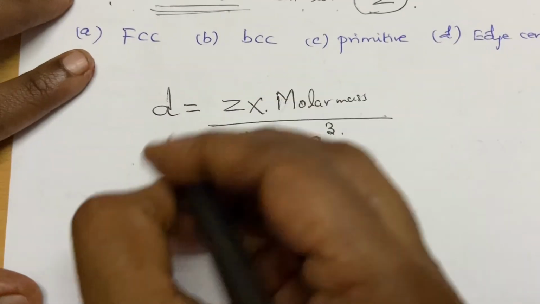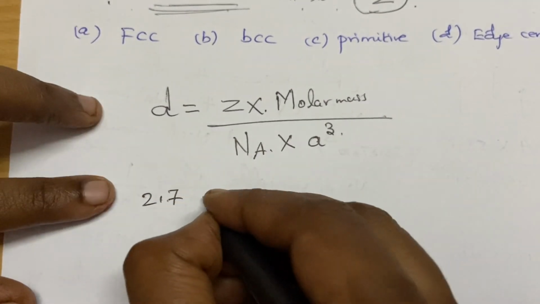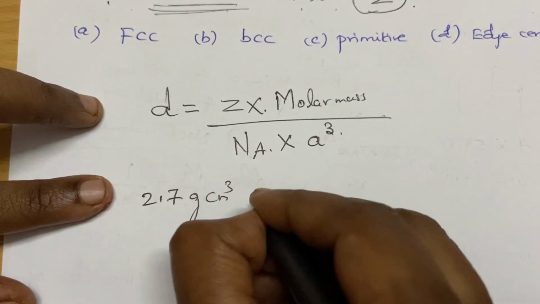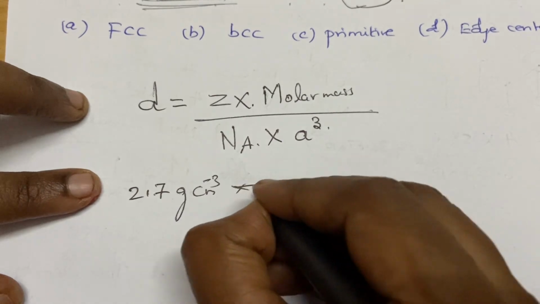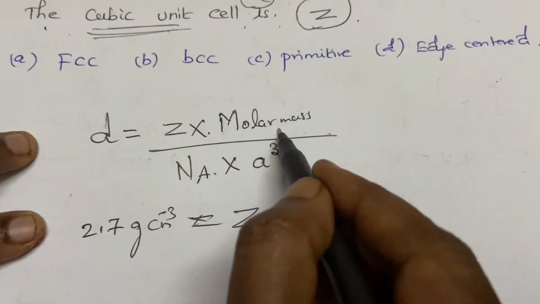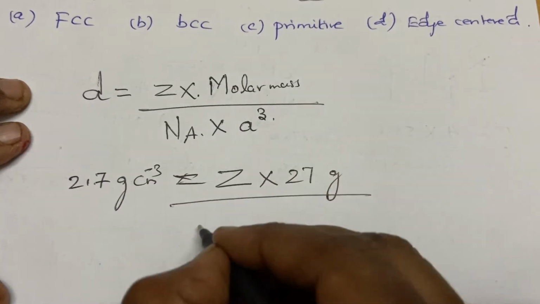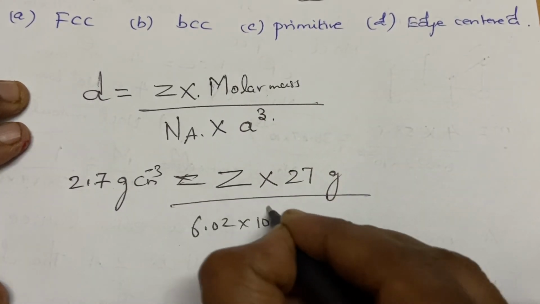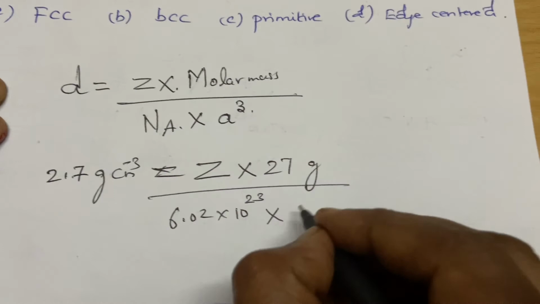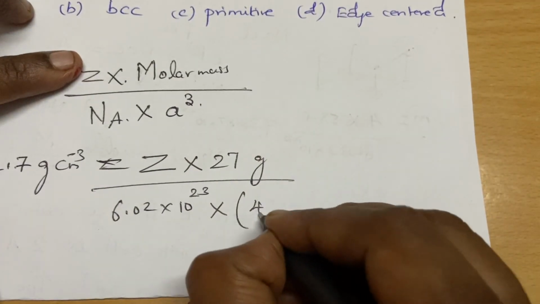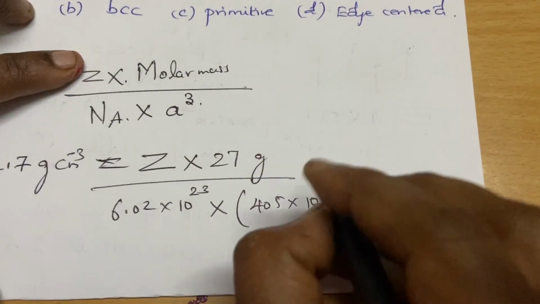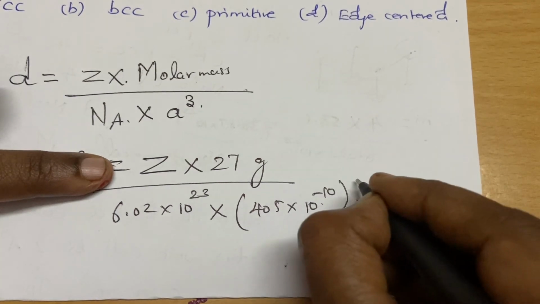Whatever data is available, you substitute. This is centimeter cube. Next, the Z value you need to find out, and the atomic mass is given, which is 27 grams, and 6.02 into 10 to the power of 23 is Avogadro number, and the a value in picometer is 405 into 10 to the power of minus 10, the whole cube.